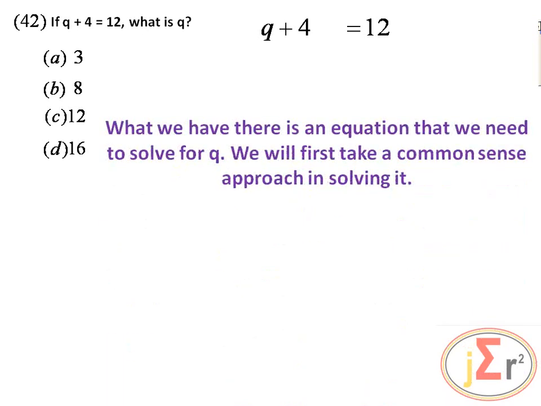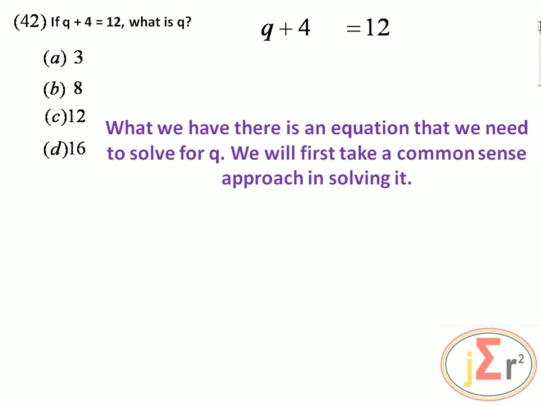What we have there is an equation that we need to solve for Q. We will first take a common sense approach in solving that problem. So we are solving for what is that unknown, Jerry? Q. Right.